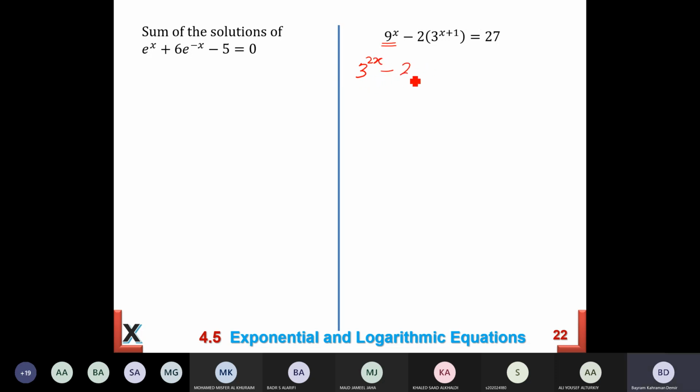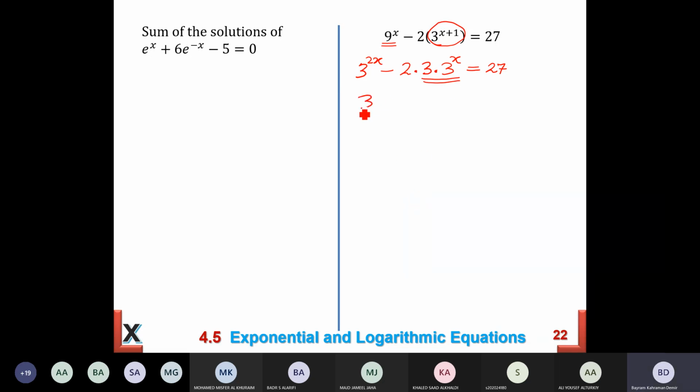Minus 2 times 3 to the power of x plus 1 means 3 times 3 to the power of x. Am I right? Equals 27. So now, did you guys understand 3 to the power of x plus 1 is the same as 3 times 3 to the x, huh?